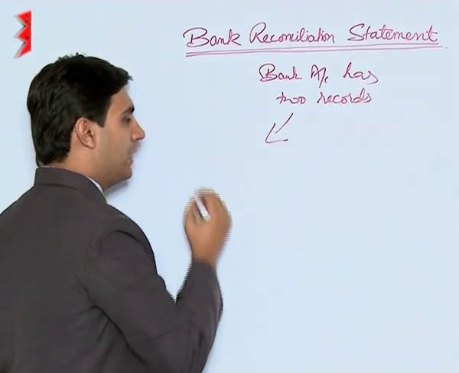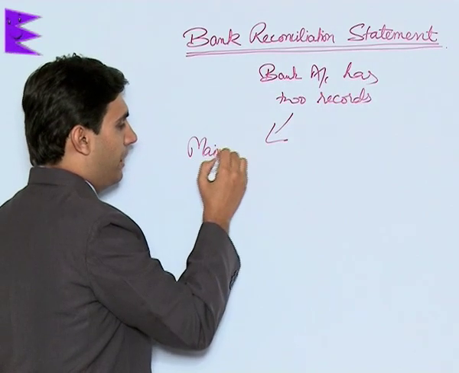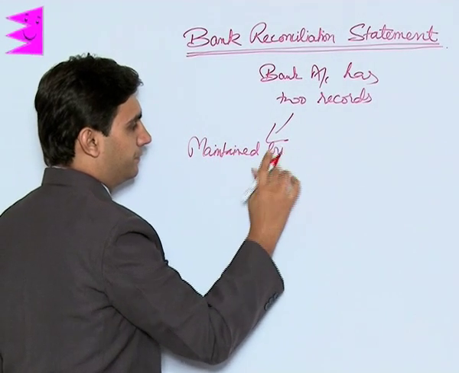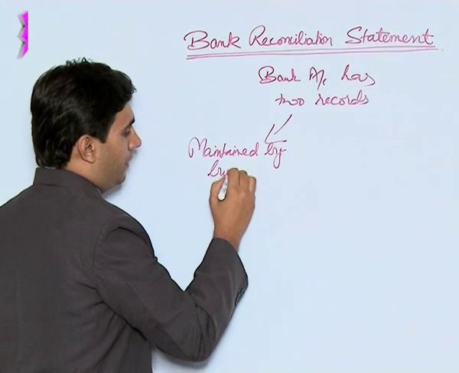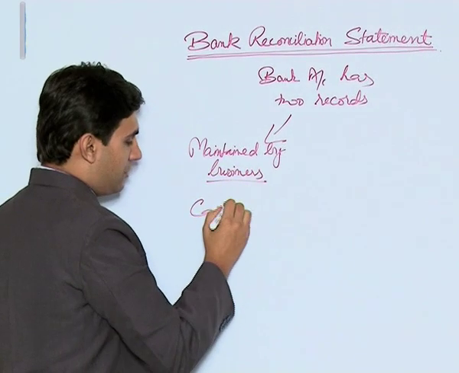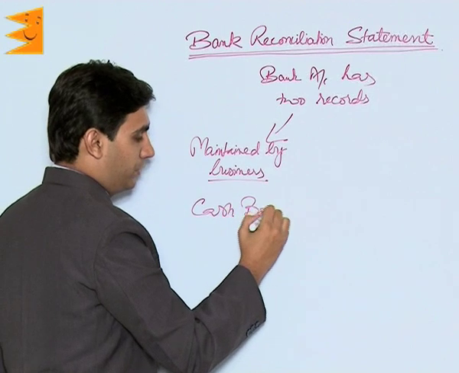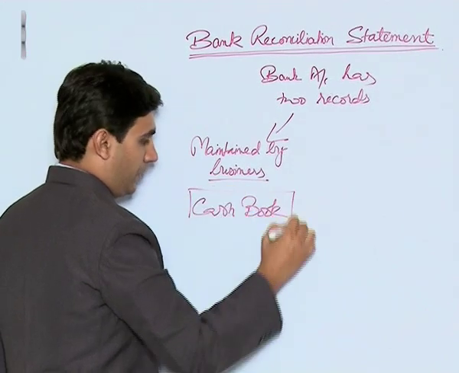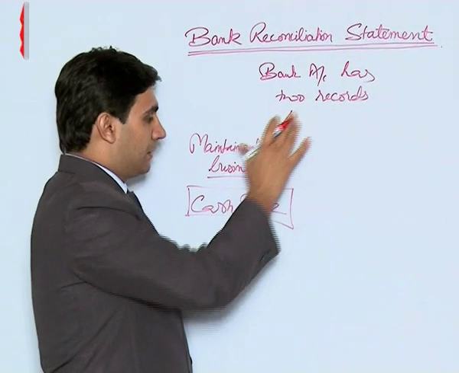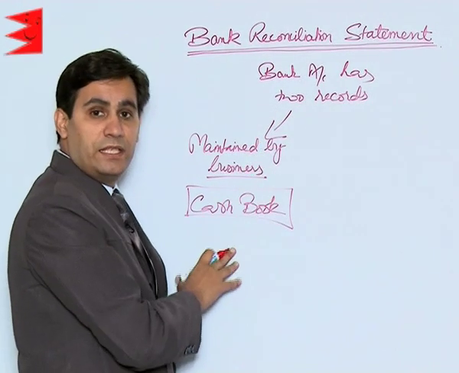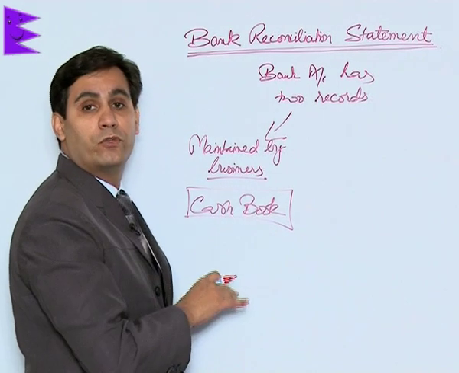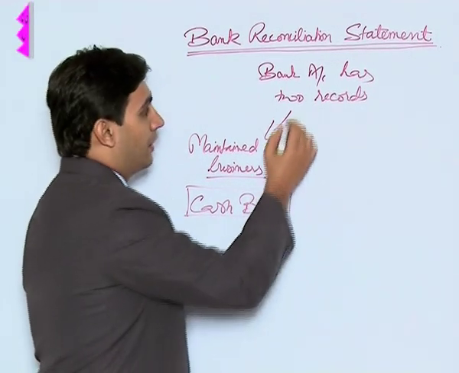One is maintained by us, maintained by the business, which we call the cash book or bank account. That is the account of the bank that is maintained by the business in the cash book, the recording of transactions from the point of view of the business.